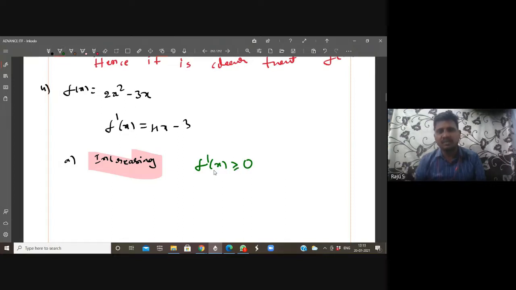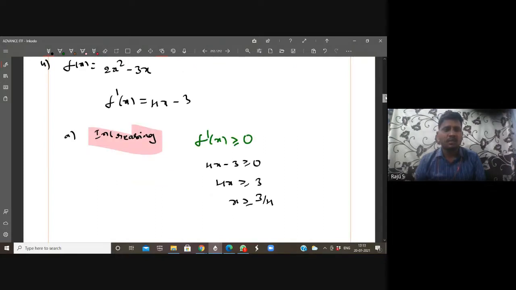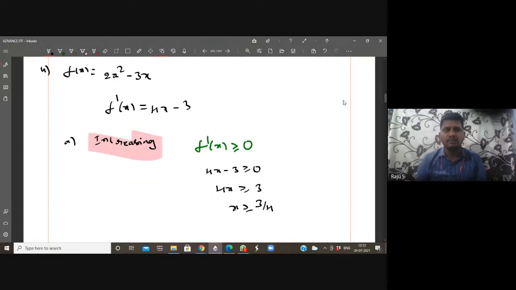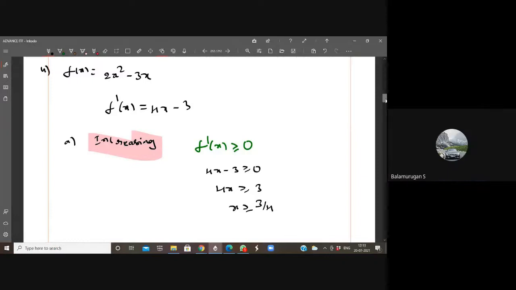So what is f dash of x, students, here? 4x minus 3 greater than or equal to 0. 4x is greater than or equal to 3. x is greater than or equal to 3 by 4. So what is the required interval here, students? 3 by 4 to infinity.